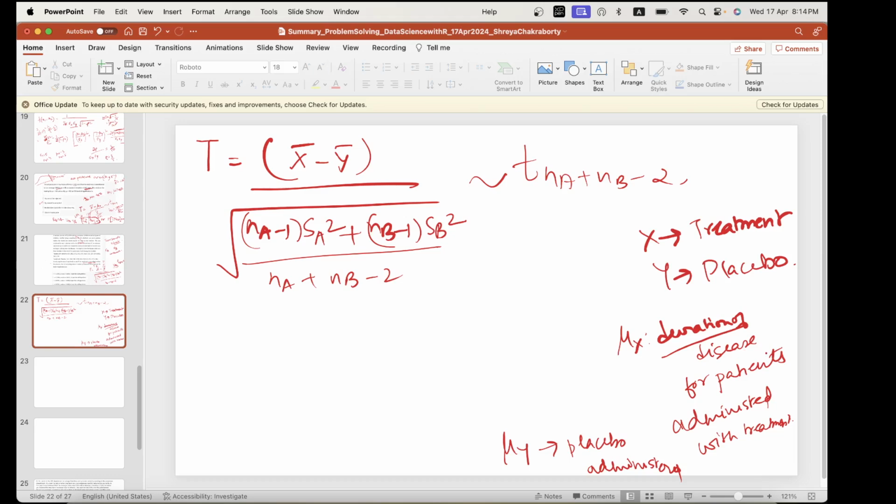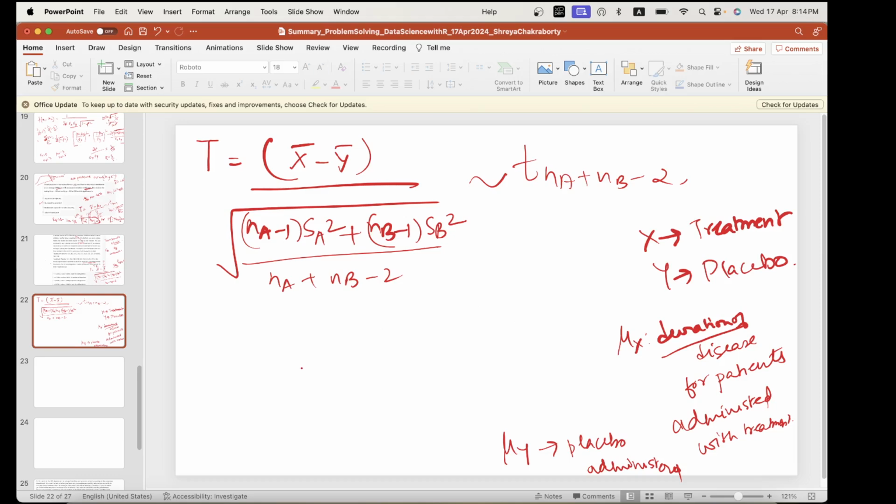So the average duration for the disease to persist after treatment, you would want to be lower than the average duration for which the disease persists under placebo conditions. Then only you will say that my paracetamol is effective in reducing fever.